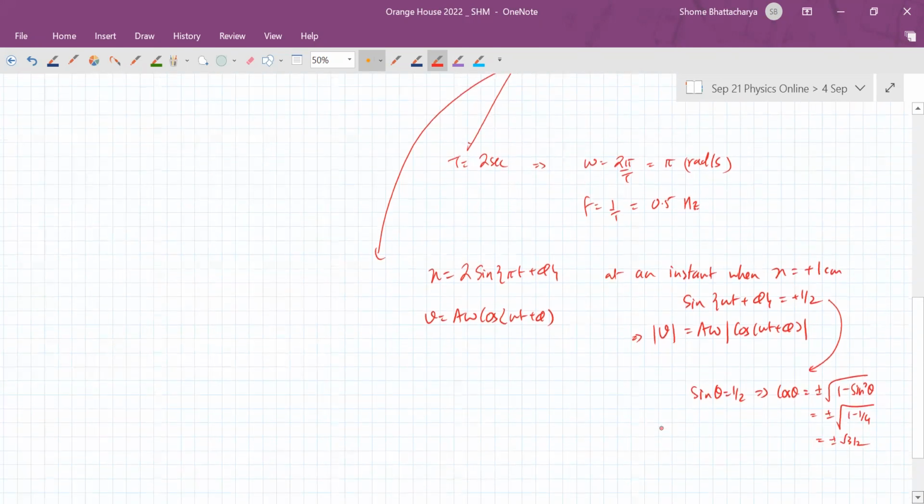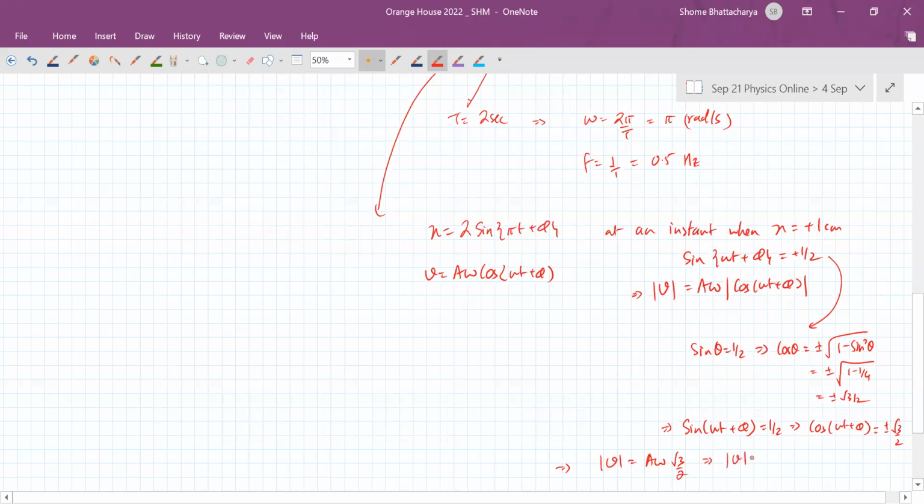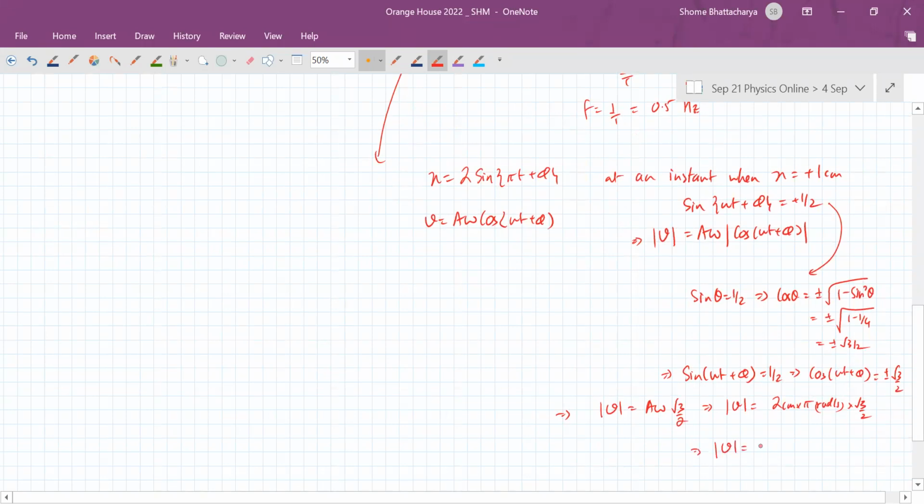So therefore that implies that the speed at that instant is so much. Okay, so I have shown you with the proper steps over here.